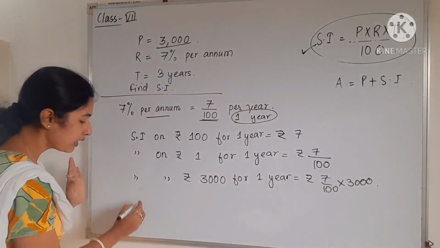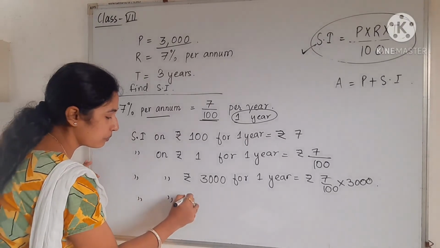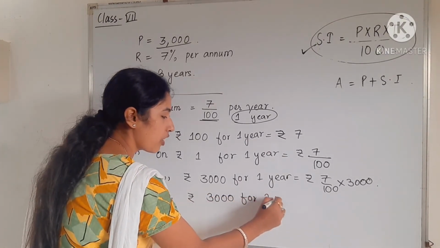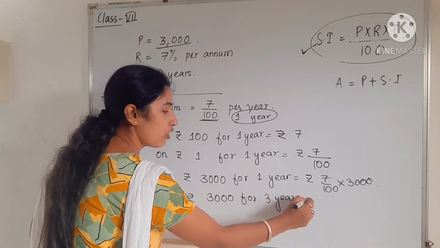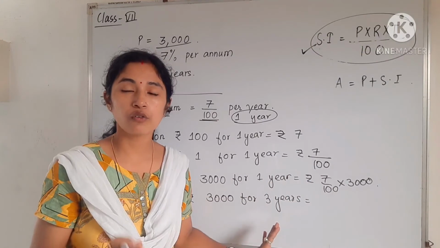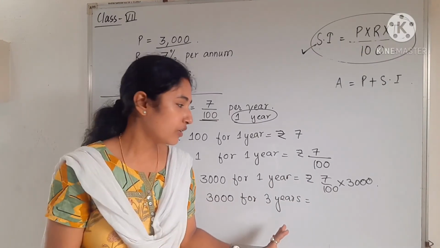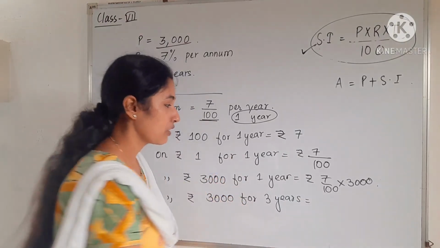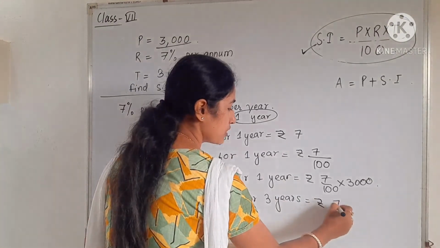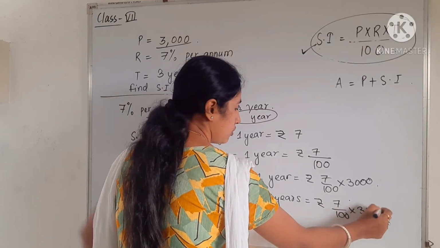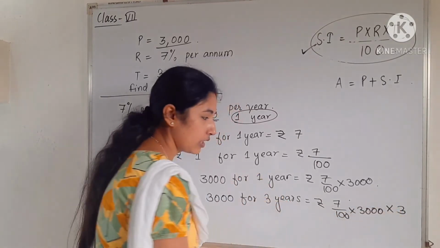Similarly, simple interest on rupees 3000 for 3 years will be how much? Again you have to multiply, because for 1 year we know, but for 3 years we have to multiply it by 3, or we can add these things 3 times also. So this will be rupees 7 by 100 into 3000 into 3.